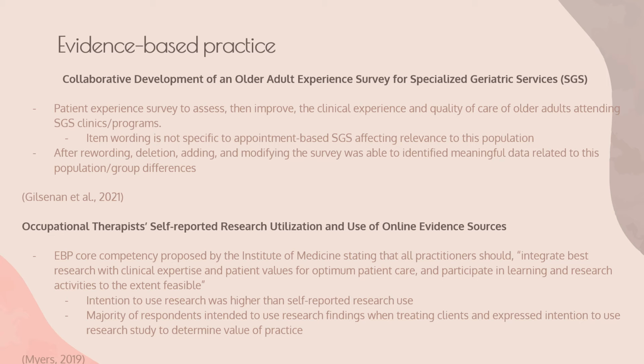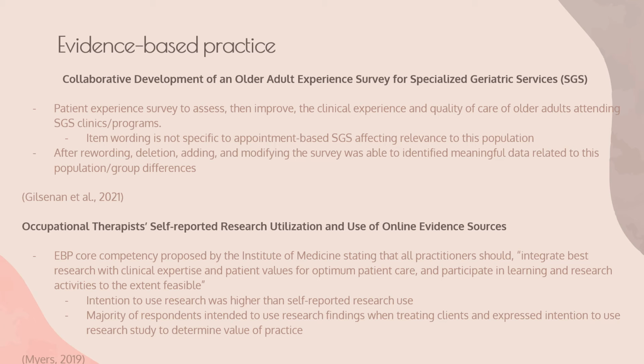In another article, occupational therapists self-reported how frequently they use research and online evidence sources to guide their practice. According to the ABP core competency proposed by the Institute of Medicine, all practitioners should integrate best research with client expertise and patient values for optimum patient care and participate in learning and research activities to the extent feasible.